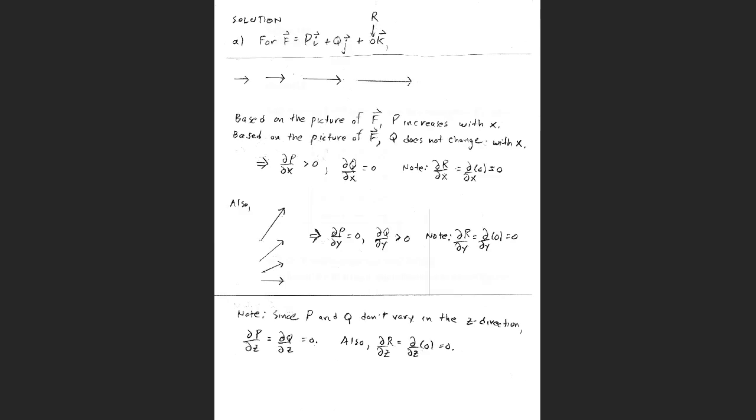So for part A, the divergence of the vector field is positive. Incidentally, let me go to the picture.